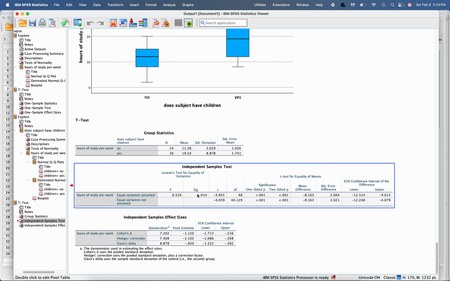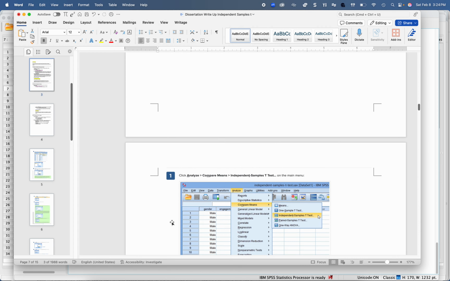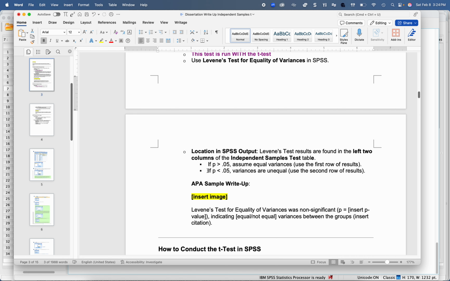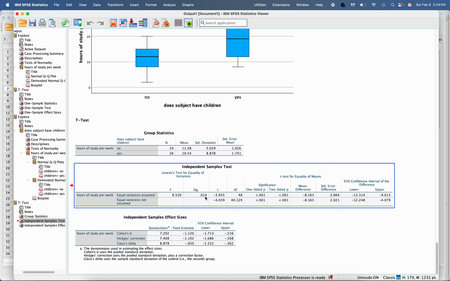I'm going to look at these two columns, which are my Levene's test. My sigma is 0.01, so I'm going to go back to my assumption. If my sigma is greater than 0.05, it is equal variance. If it is less than 0.05, the variances are not equal. In this case, it is less than 0.05, so the variances are not equal, which means you will pull from the second row of the table for your sigma two-tailed value.